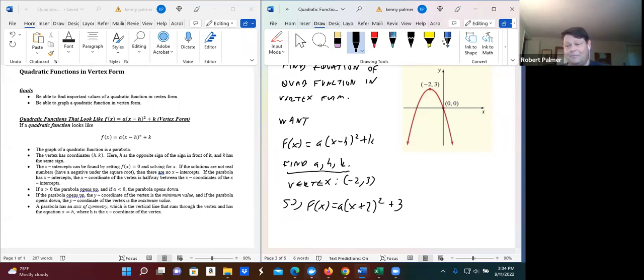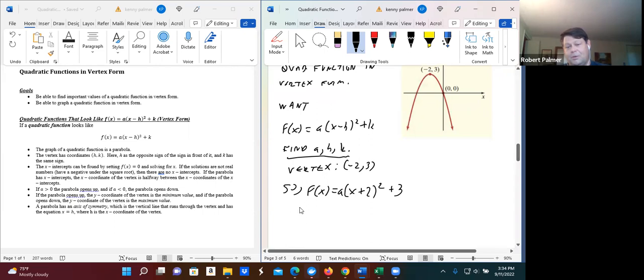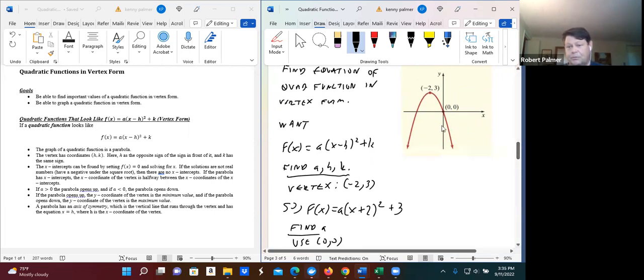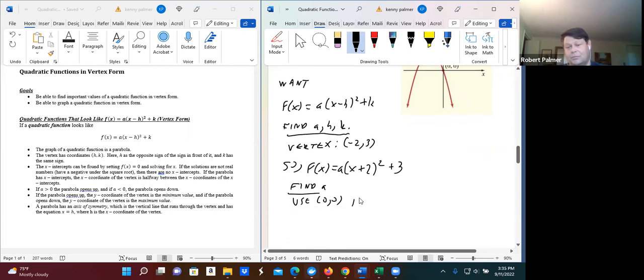Now we need to find a. So to do that, we're going to use the other point we're given. It shows the graph goes through (0, 0), through the origin. What we're going to do is plug that in. We'll plug in 0 for x and 0 for y.